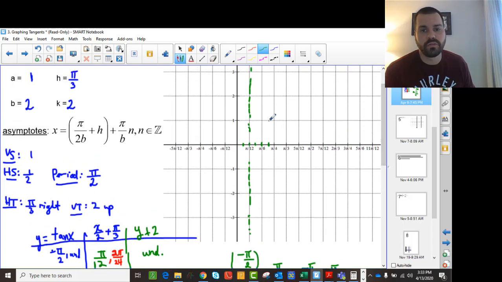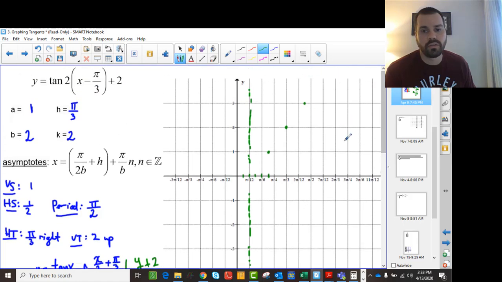So 5 pi over 24 is at 1. Then I'm going 1, 2, 3 more over 24, and that's at 2. Then 1, 2, 3 more, and that's at 3. Okay, and then I'm going 3 more than that, so 1, 2, 3, and at 7 pi over 12 or 14 pi over 24, I've got my other asymptote.